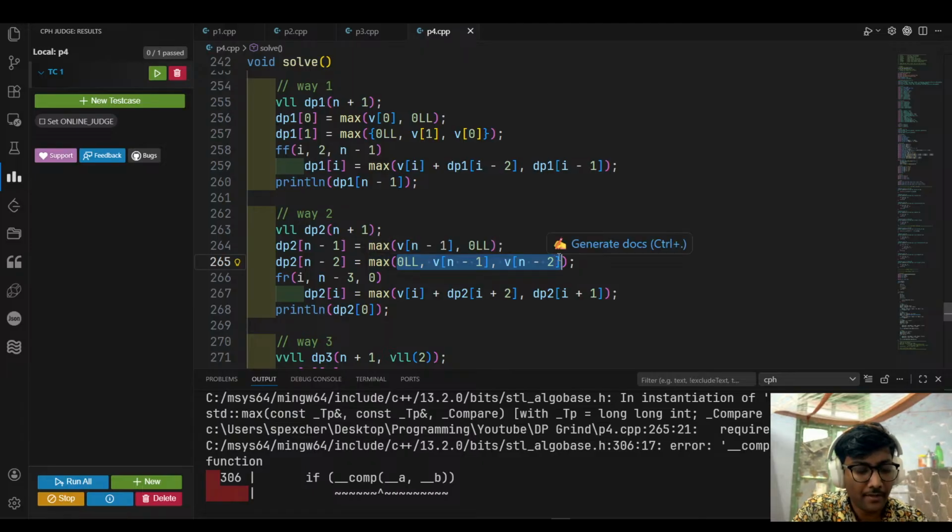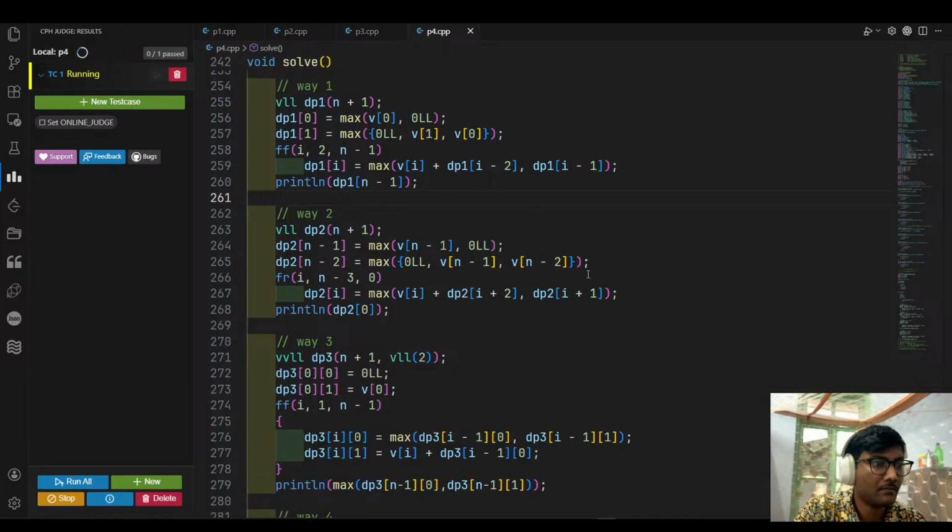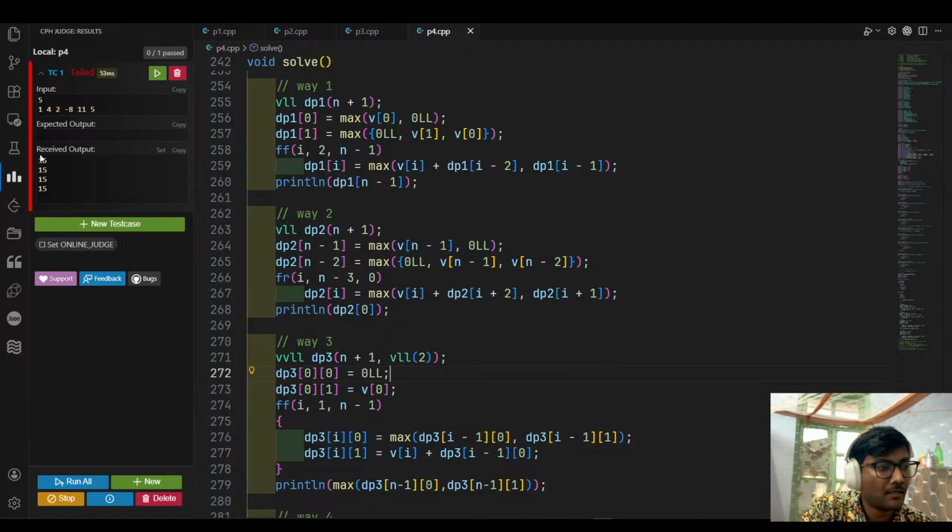If I have to give three arguments, I have to put them in third bracket or curly brace. Yeah, so 15, 15, 15, 15. So all of the four approaches have given the same answer.